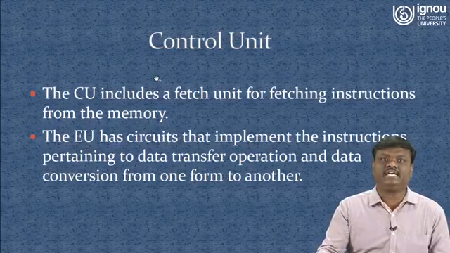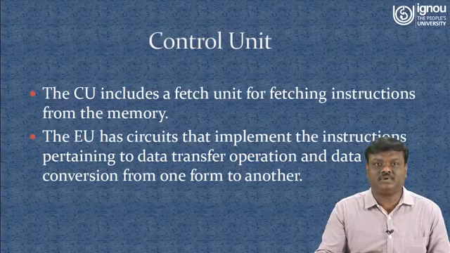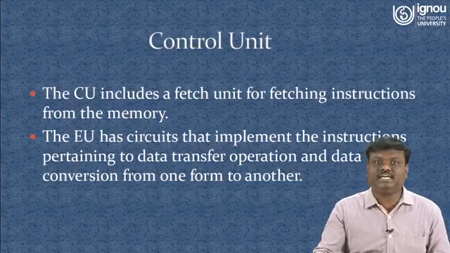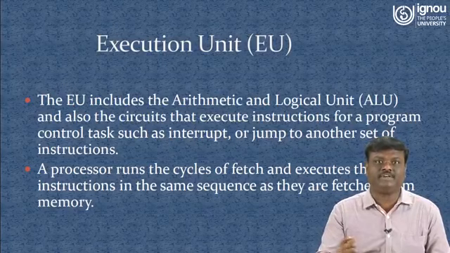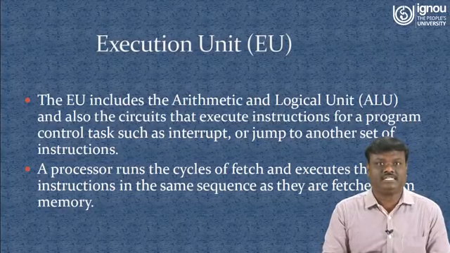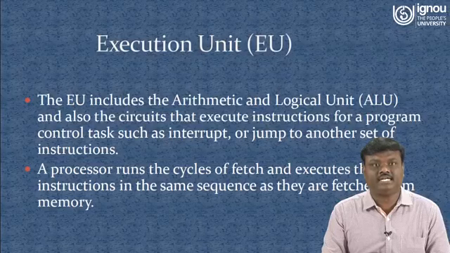The control unit includes a fetch unit for fetching the instructions from the memory one by one. The execution unit has circuits that implement the instructions pertaining to data transfer operations and data conversion from one form to another. The execution unit includes the ALU as well. If there are logical or arithmetic operations to be done, the ALU takes care of those arithmetic and logic calculations.